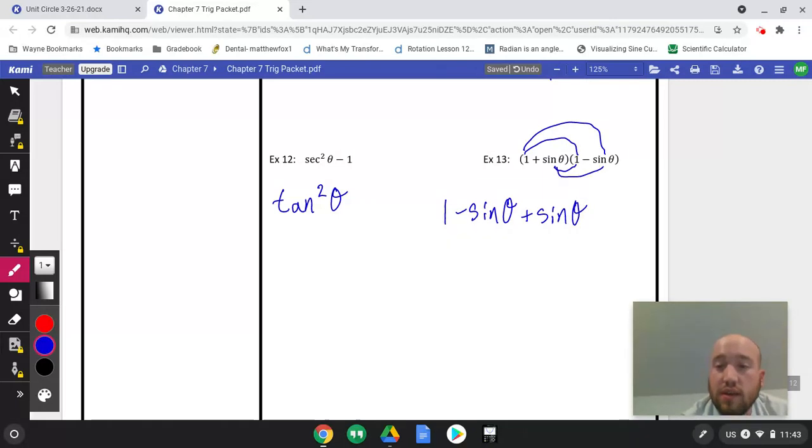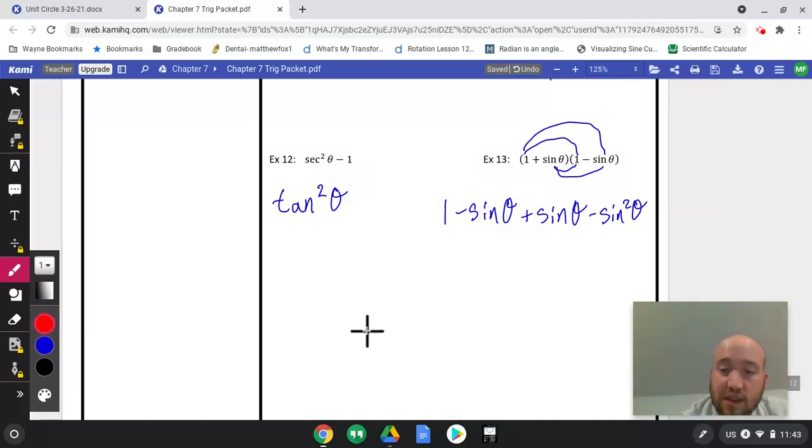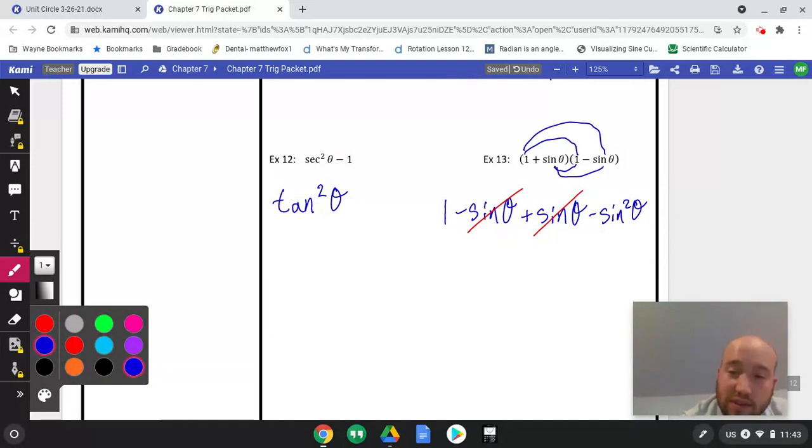And last, that'll be negative sine theta squared. Sine of theta times sine of theta would be sine theta squared, but there was negative times positive, so that stays negative. Now hopefully you see negative sine theta and positive sine theta, those cancel out. So if we simplify this, it's just 1 minus sine theta squared.